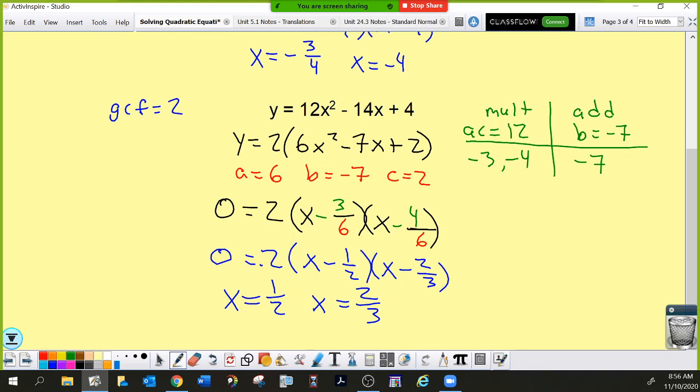So it doesn't have a solution there. It's just a vertical stretch or shrink. We have to have it, though, in case I ask you to factor the quadratic. If you lose your GCF, that is not the same quadratic. You don't have the same solutions, but it's not the same quadratic. So just trying to stay in good habits, keeping that GCF around. +1/2, +2/3.